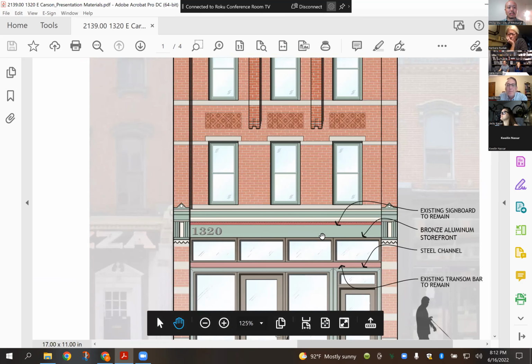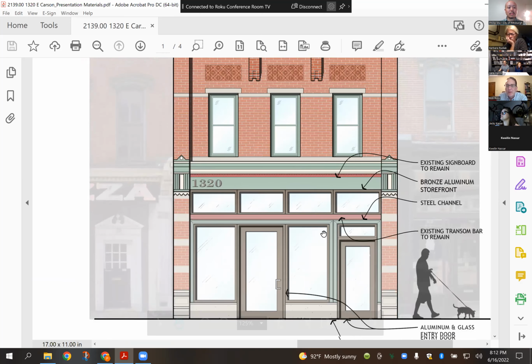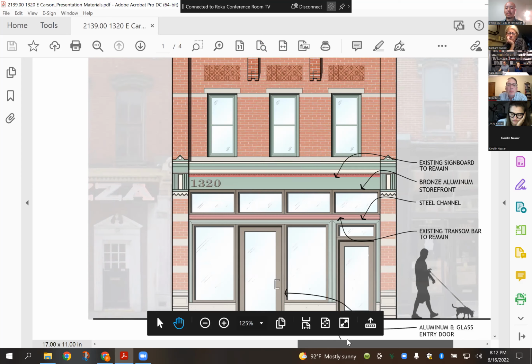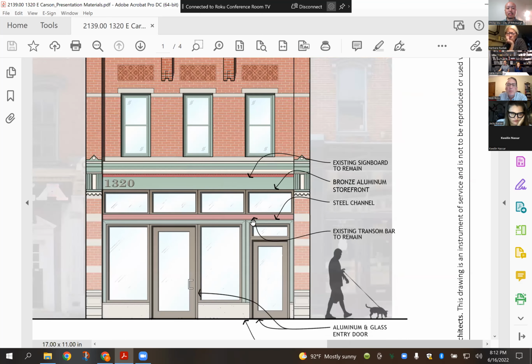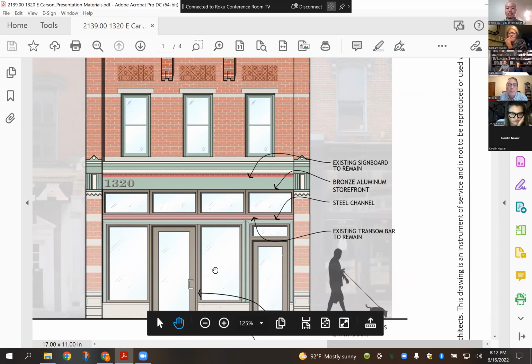Okay, so here's our proposal. As I said, we're going to keep all the elements that are original to the building. It's a fairly straightforward storefront infill proposal. We're proposing that we would use storefront material in combination with metal channels to fill out the storefront.